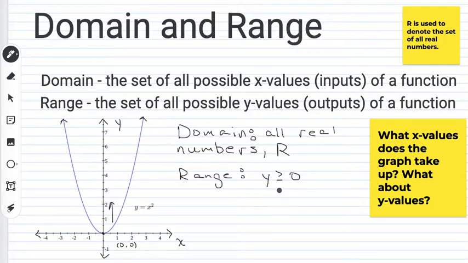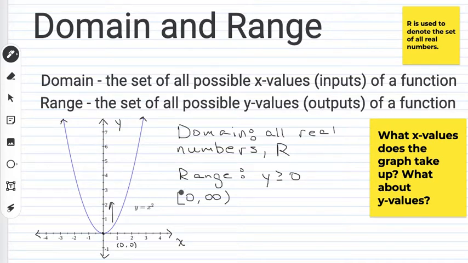So you can write it as y is greater than or equal to 0, or you can also write it in interval notation, right? You can write it as bracket 0 to positive infinity. And then I close up with a parenthesis.